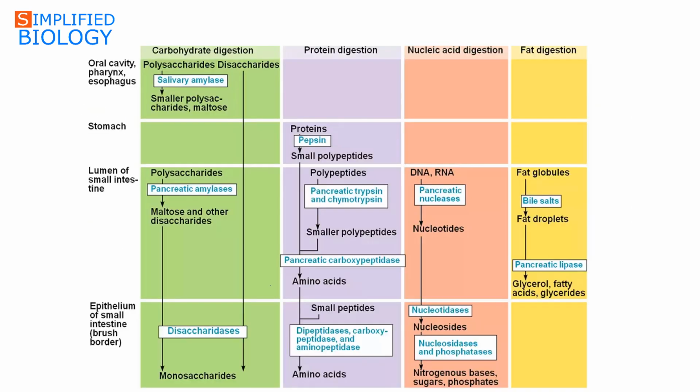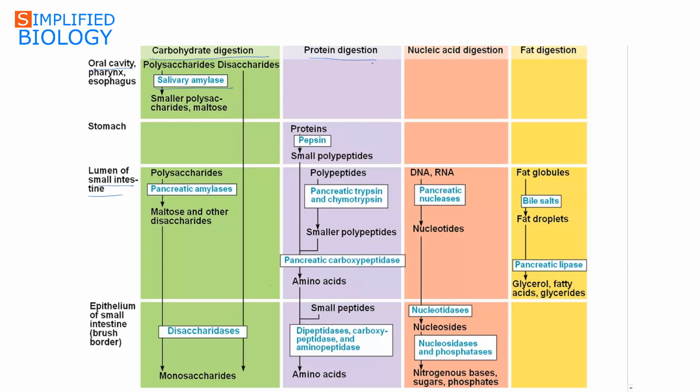So in the end, let's go through once again. Carbohydrate digestion starts in the buccal cavity or the oral cavity by the help of the salivary amylase. It then continues in the small intestine.